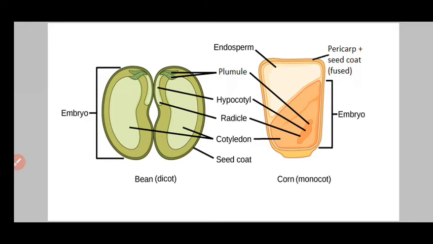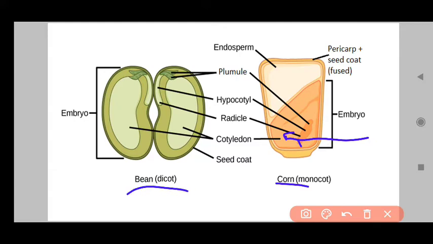The cotyledon in the case of a monocot is single, which is otherwise known as the scutellum. We will see this clearly in the next pictures. It is the seed of corn, and this is the seed of bean. Bean is a dicot and corn is a monocot.